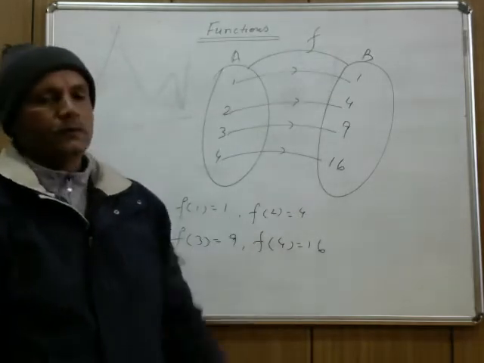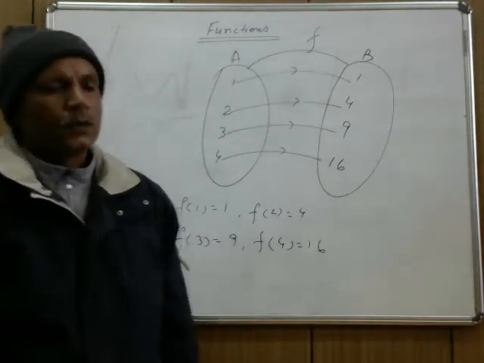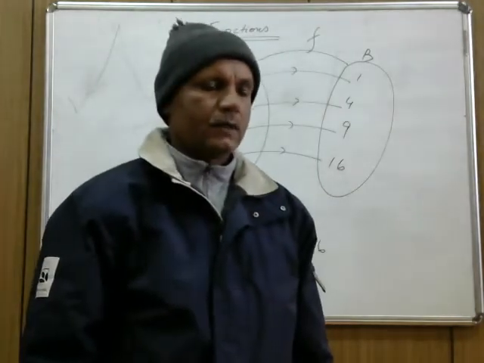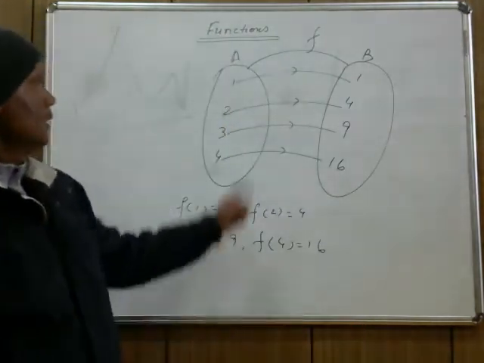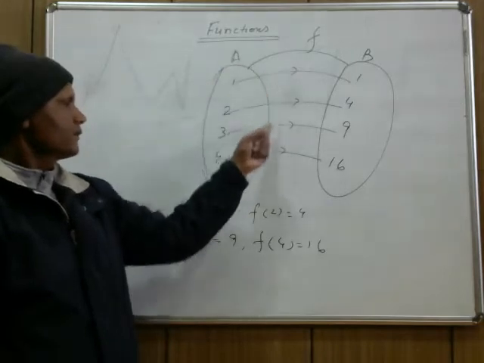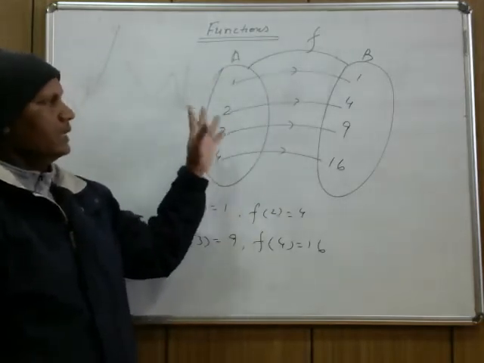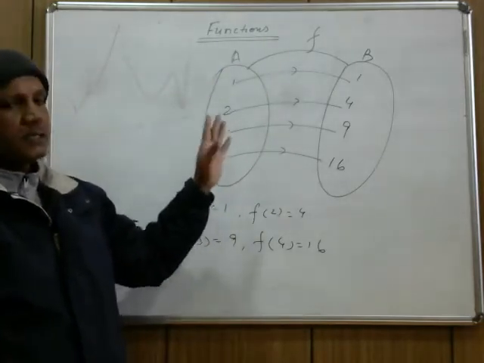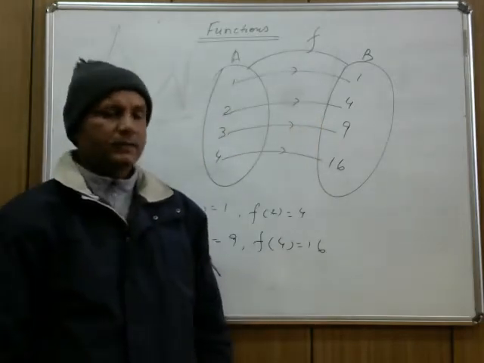Function is a rule which is applied on the elements of A, and it gives the image in the set of B, right?